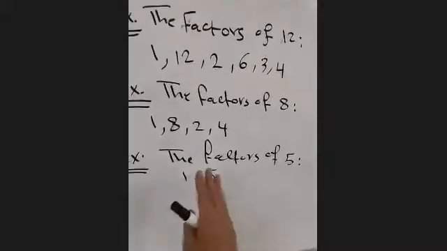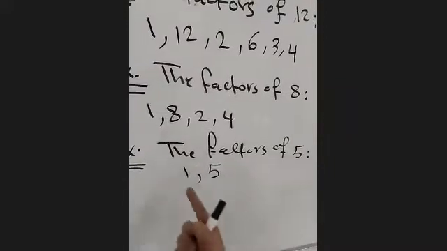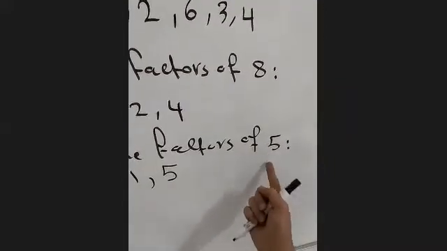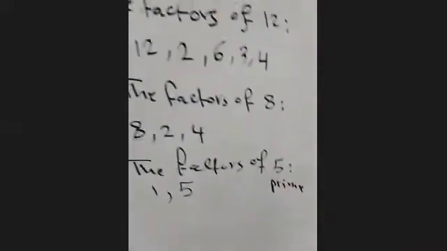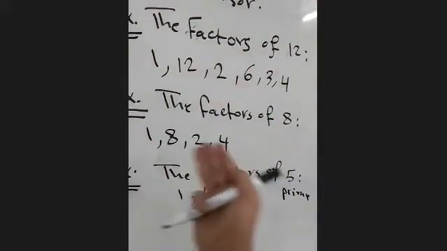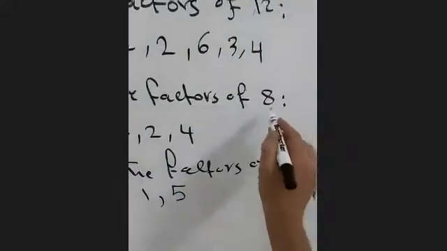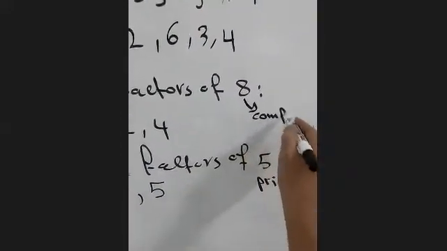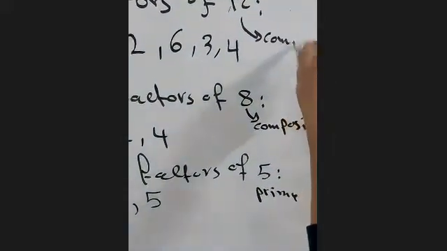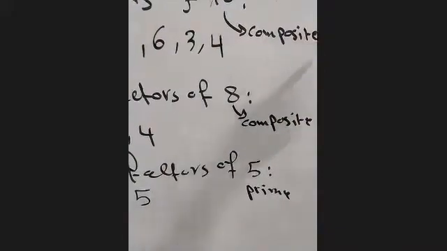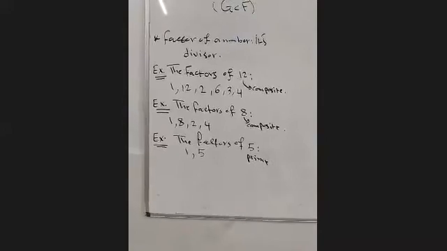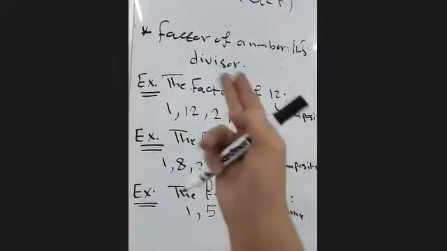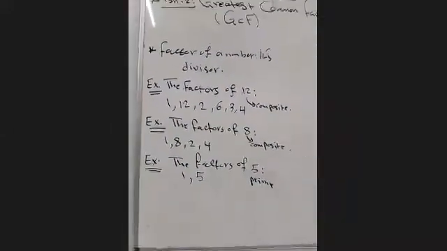Now, if a number has only two factors, we call it prime. So 5 is prime. And if the number has more than two factors, like 12, we call it composite. We took the meaning of prime and composite in grade 5, so remember it. So the factors are what, guys? The divisors.